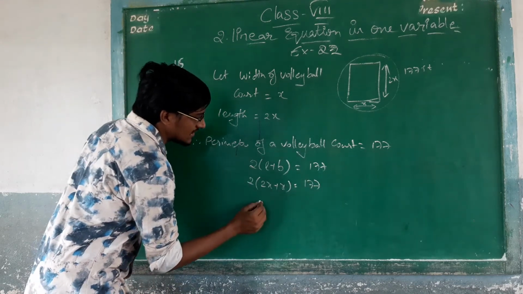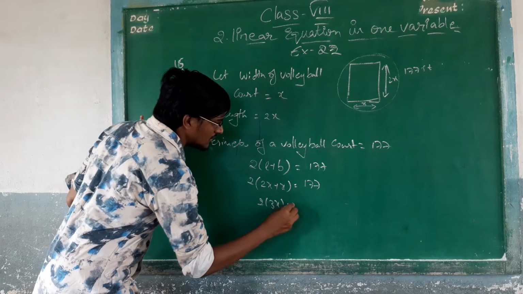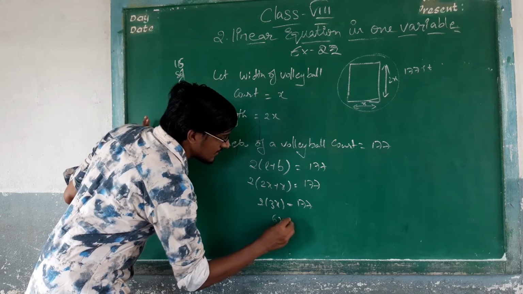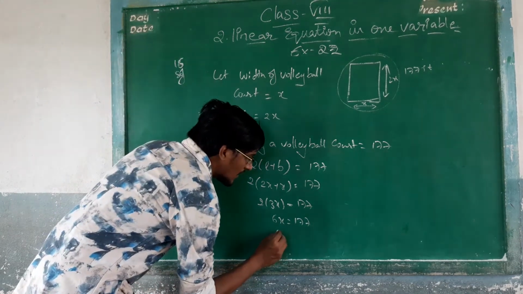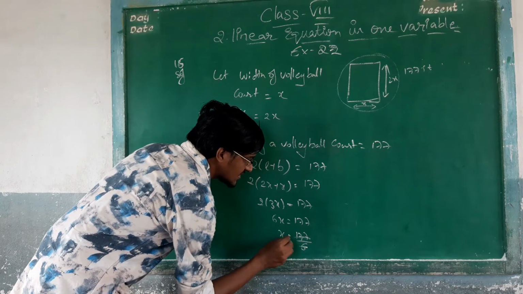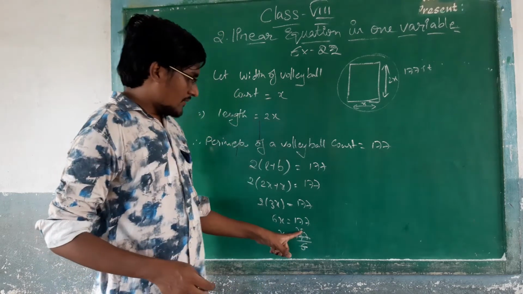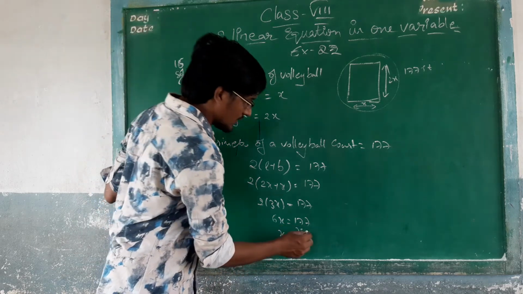2x plus x is 3x. 2 into 3x equals 177. 2 into 3 is 6x, that equals 177. We have to find x here. 177 by 6. 6 twos are 12, and 57. 6 in 57, 6 nines are 54.